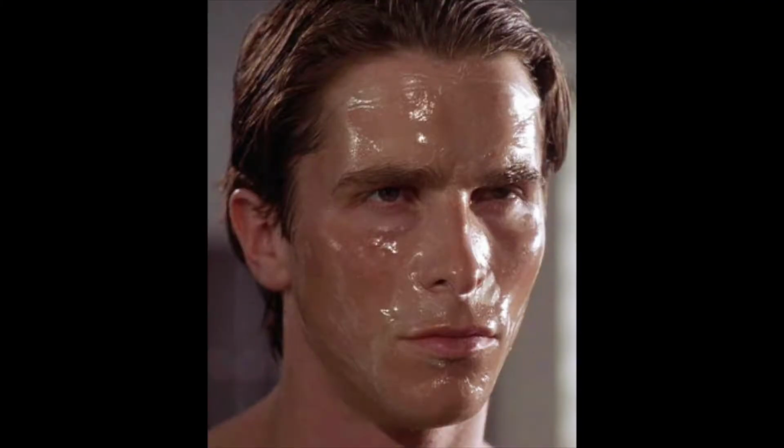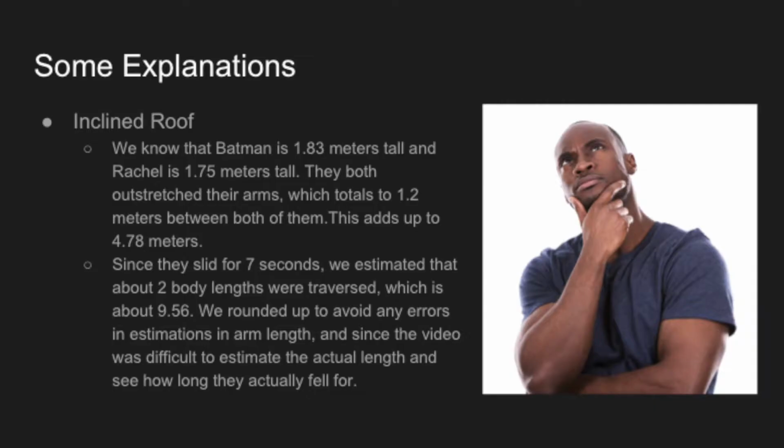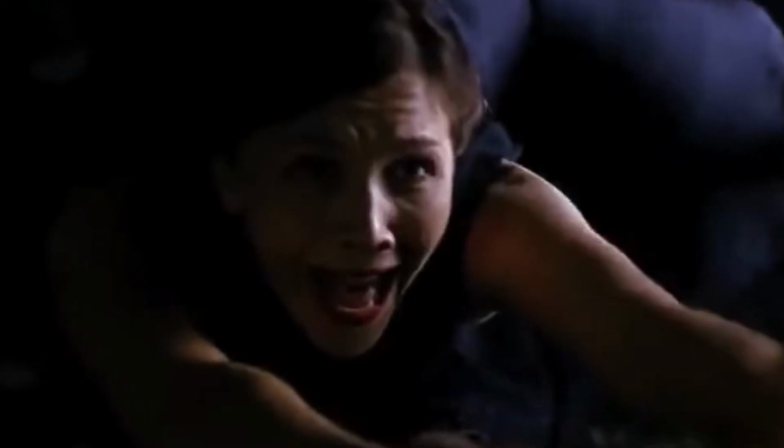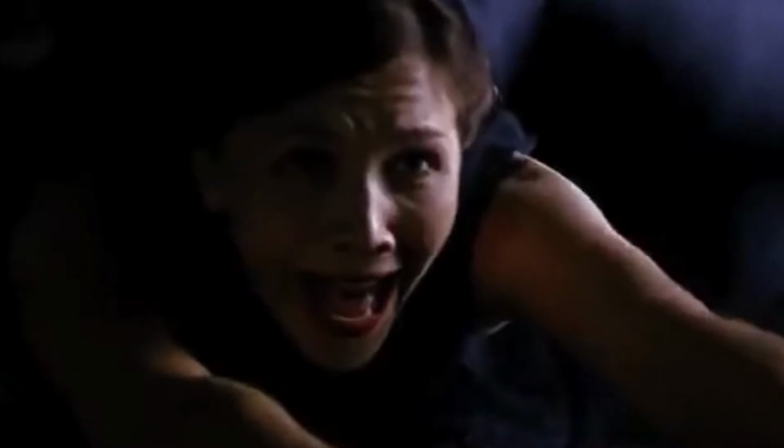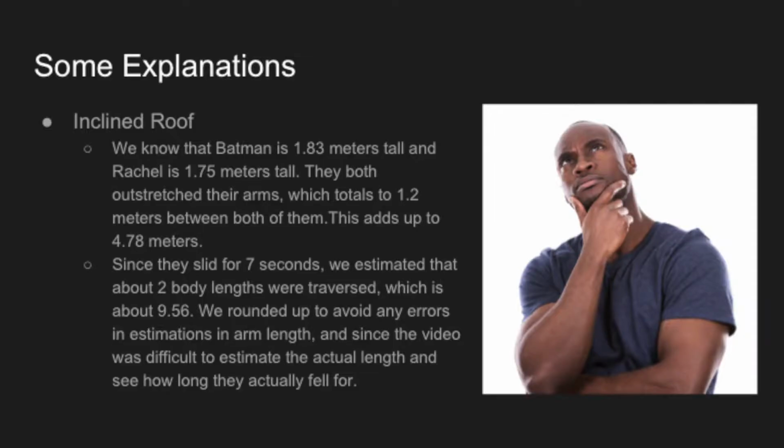Batman, played by Christian Bale, online you can look that his height is 1.83 meters, and Maggie Gyllenhaal, who plays Rachel, is 1.75 meters. As they were falling down the incline, they both had their arms stretched out for each other.